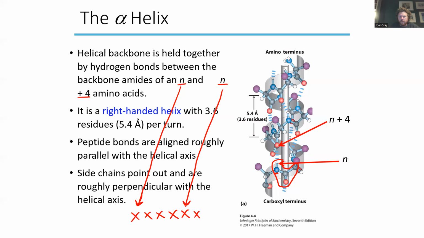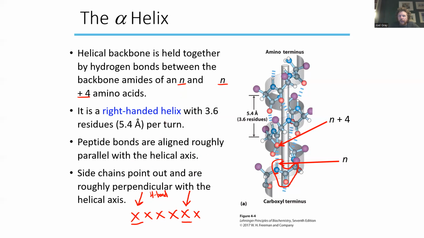There's that. Okay, so what we're going to have is an H bond between the backbone atoms of these 2 amino acids. Now what I drew at the bottom is the linear representation. That's going to fold. It's going to make this cylindrical shape.